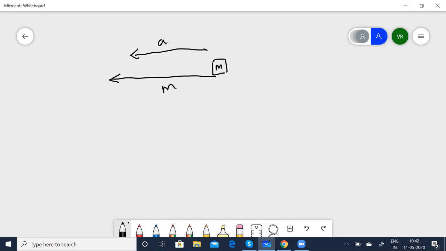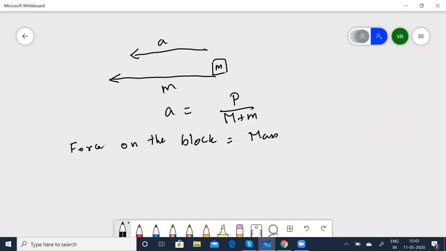Now acceleration, you know, is given by P by M plus M. That is, force on the block is equal to mass of the block times acceleration of the system. I can put it like this: force on the block is equal to mass of the block times acceleration of the system.